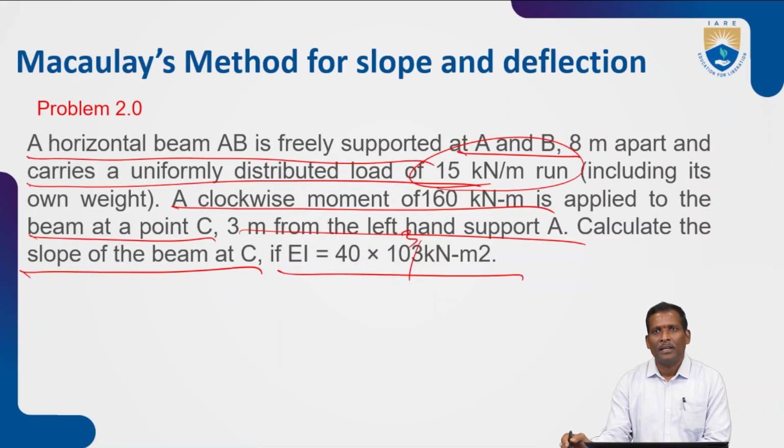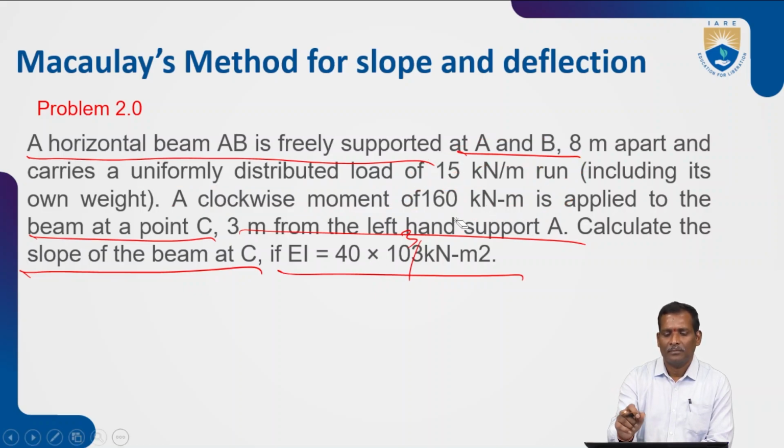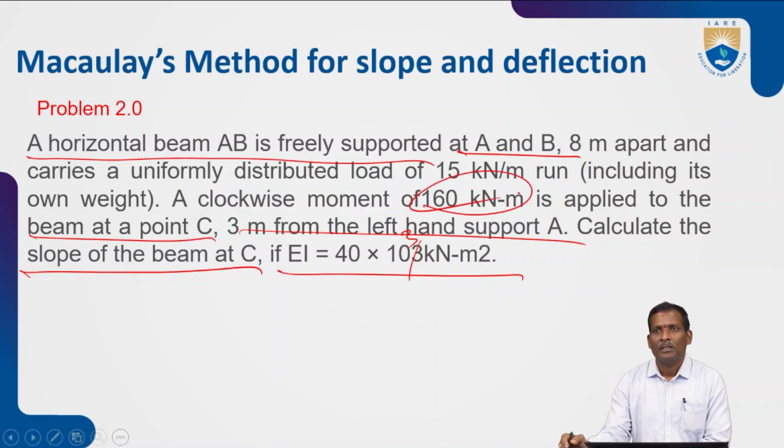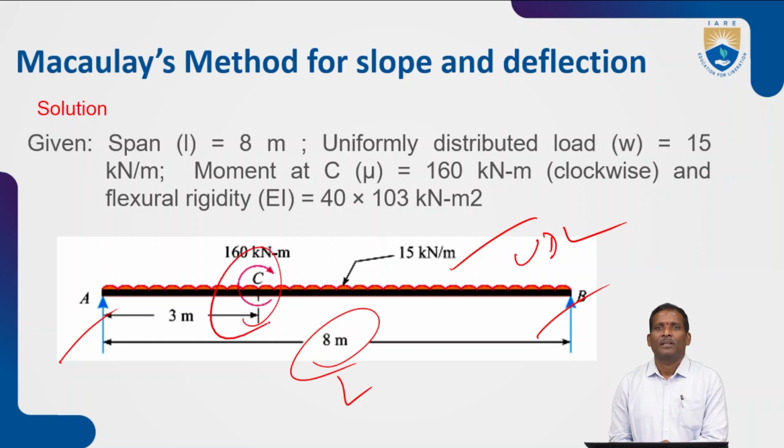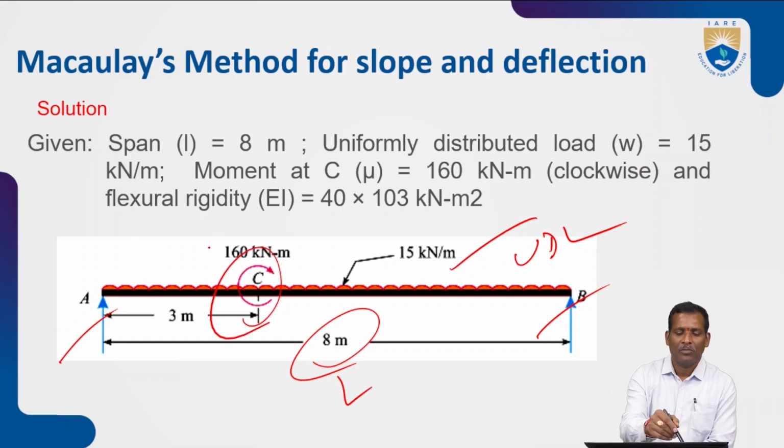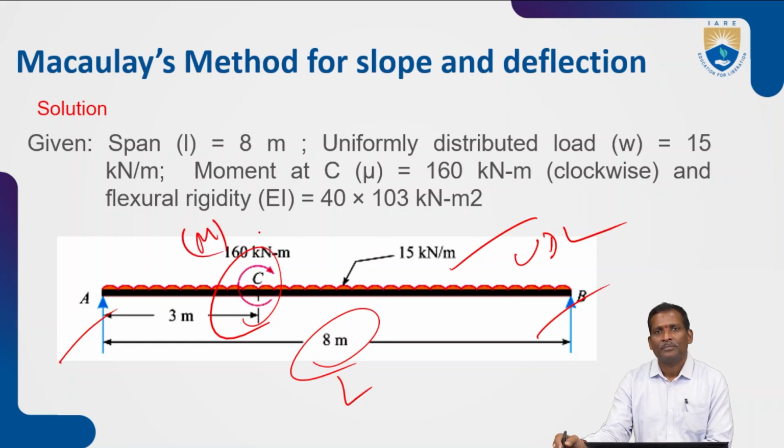Here a clockwise moment of 160 kilonewton meter is applied to the beam at point C, at a distance of 3 meters.